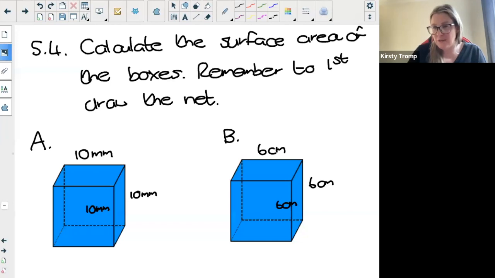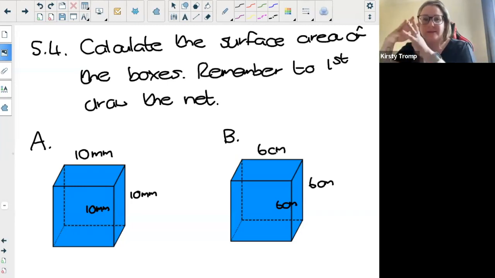The net doesn't have to be perfect, just has to be a quick drawing. Okay, 1 minute left for A.